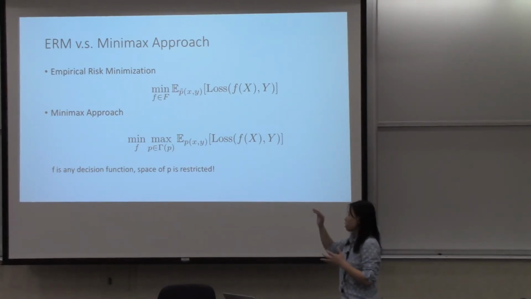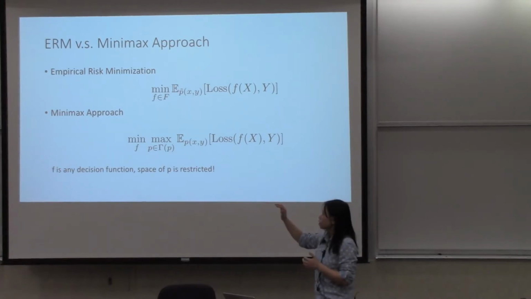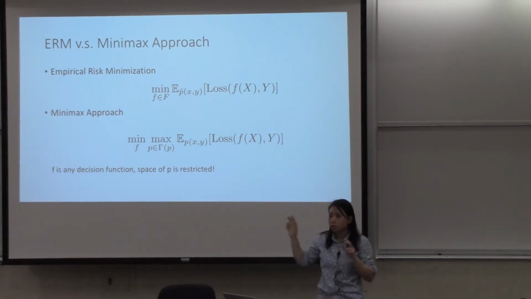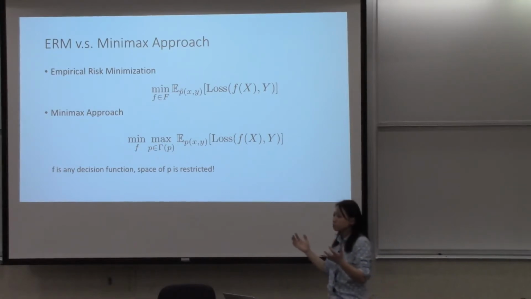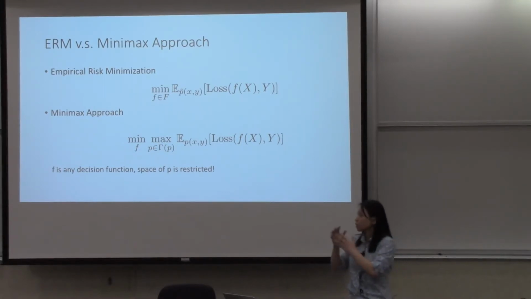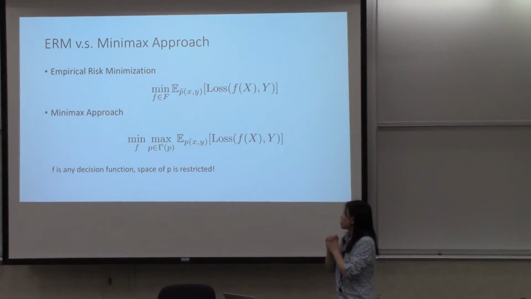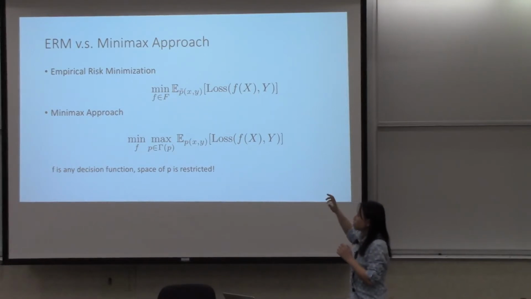Another class of methods we call the minimax approach. There are actually different names, like robust estimation, gamma robust, or robust Bayes. In this case I just call it a minimax approach, and it's a different perspective from the first one.